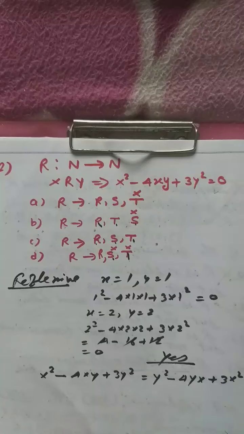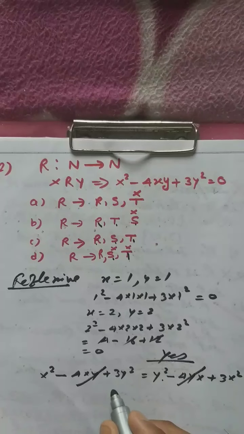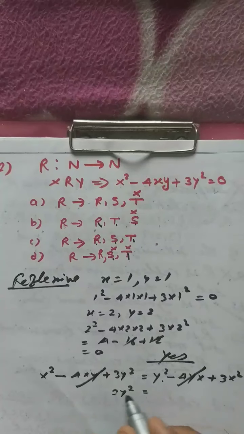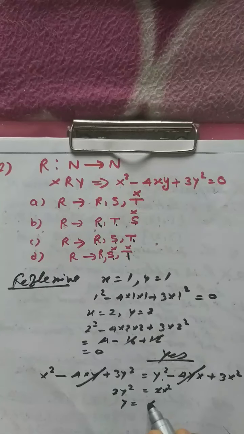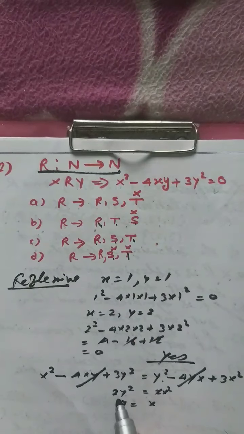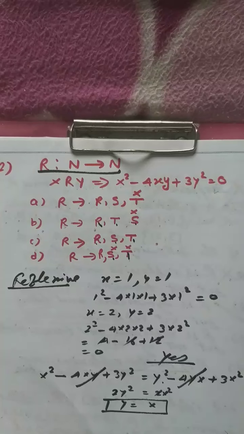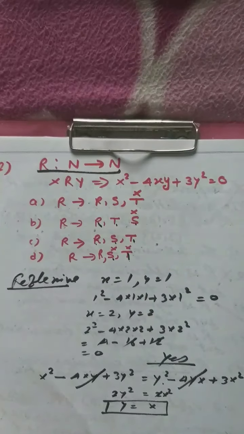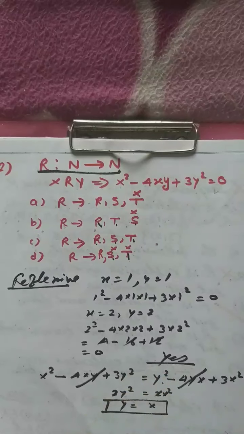Solve this one: 4xy cancels, and 3y square minus y square, 2y square, equals 3x square minus x square, 2x square, and 2 cancels, means y equals plus or minus x. Because the relation is from natural numbers to natural numbers, we get x equal to y for every value. It indicates that the given relation satisfies the condition of symmetric.